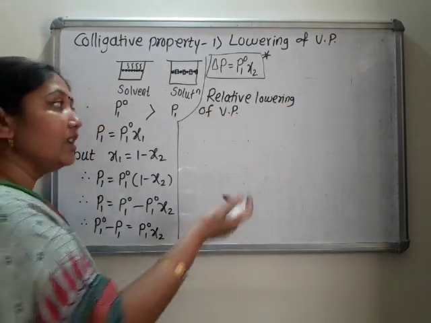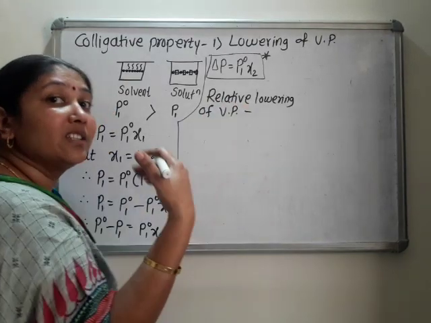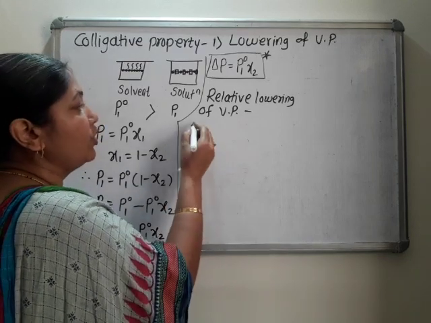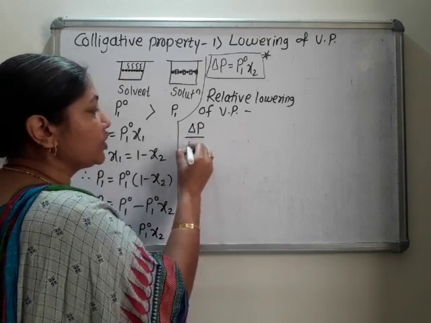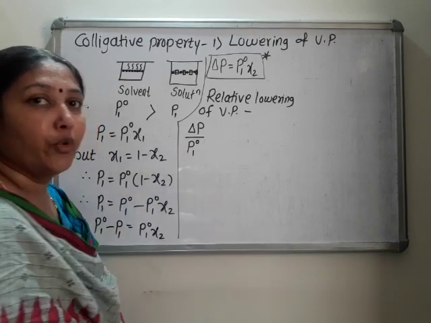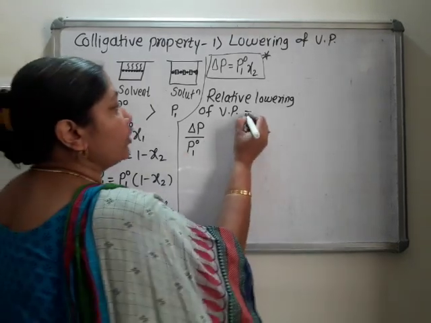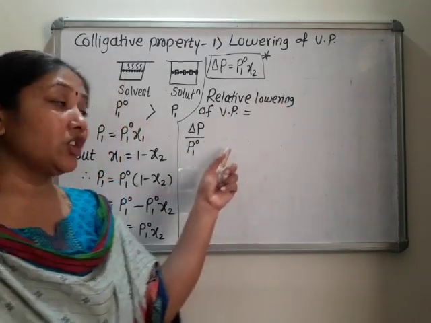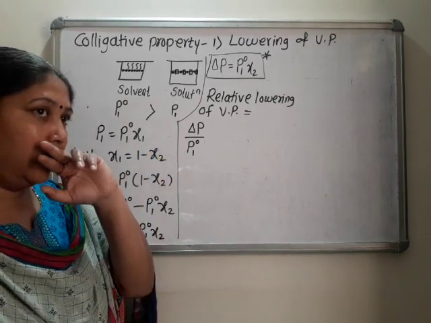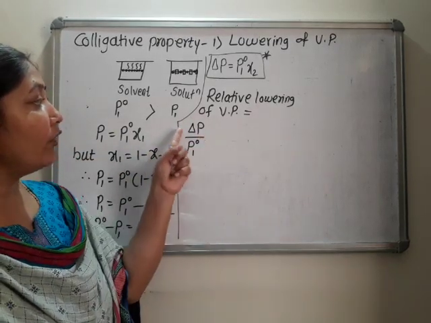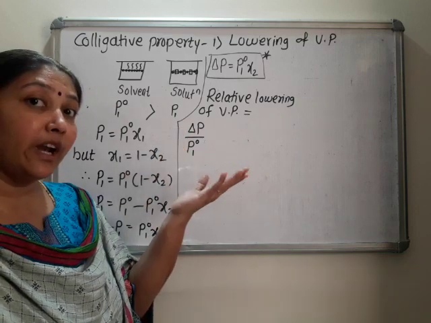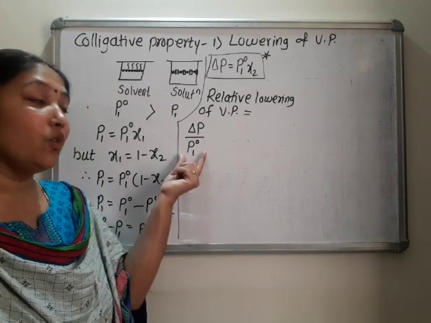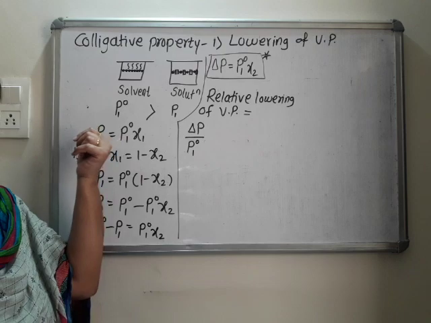Relative lowering, the name itself indicates the meaning. Relative means it is related, it is compared. So what is relative lowering of vapor pressure? How can we define it? It is the ratio of delta P, the lowering of vapor pressure, upon P01, the vapor pressure of pure component.